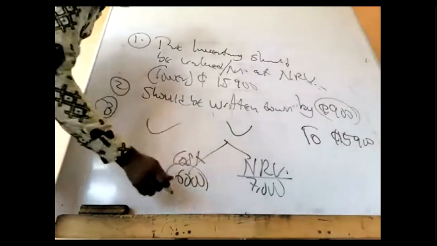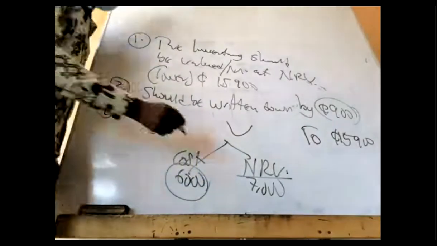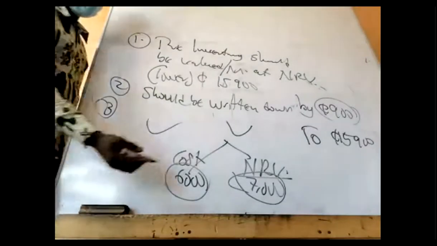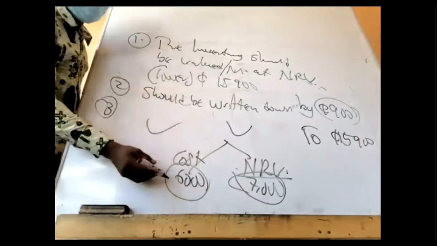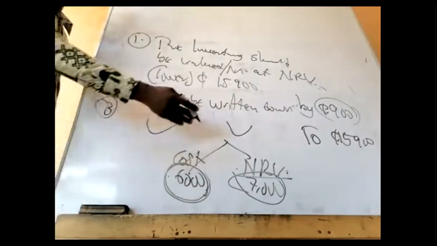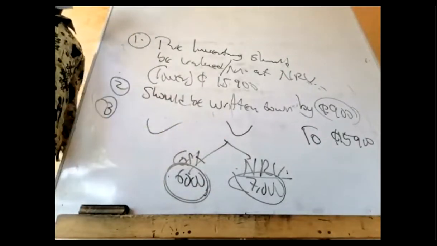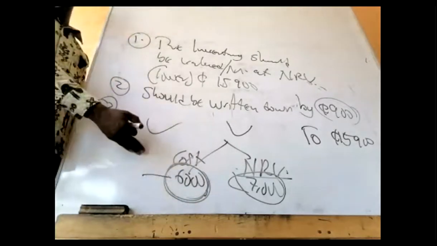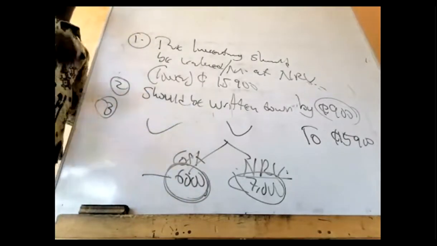The cost is 6,000, but if you sell these goods today, you're going to realize 7,000 in sales. So here, NRV is more than the cost. So we have to record the cost. The cost is lower than the NRV. Perfect. This cost has already been recorded because that's the actual figure of what is being kept today.